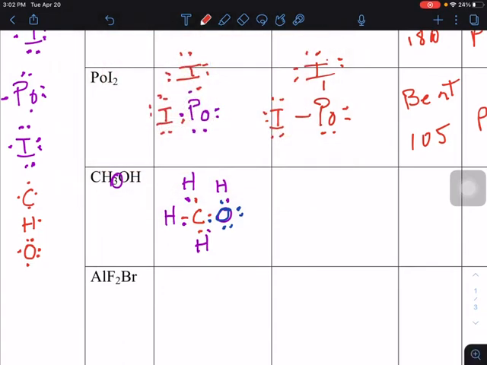And we can draw this as carbon, hydrogen, covalent bond there, covalent bond. Remember, each line represents a covalent bond, and that represents 2 shared electrons. Another covalent bond with oxygen, oxygen with hydrogen, and that's what that looks like.